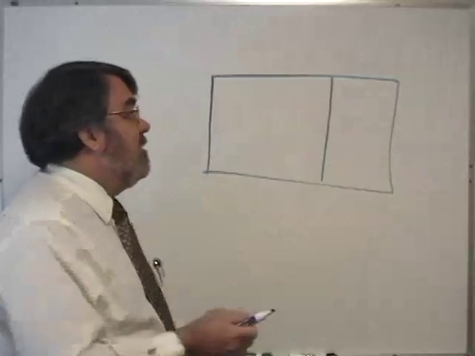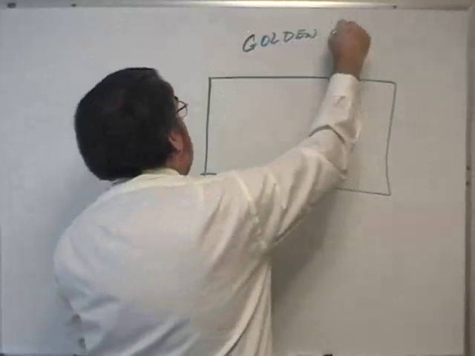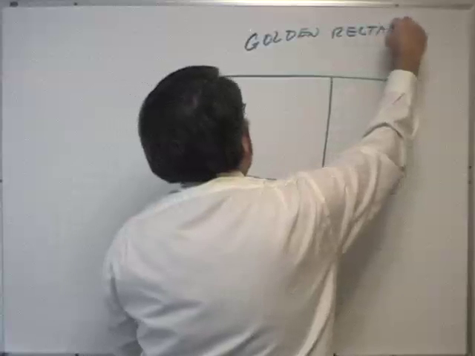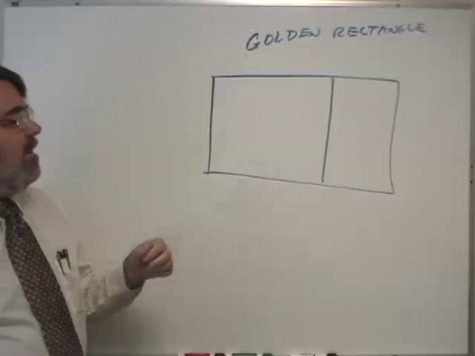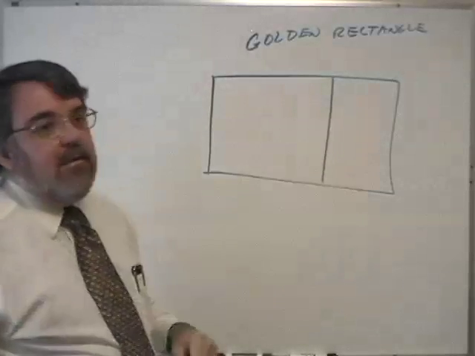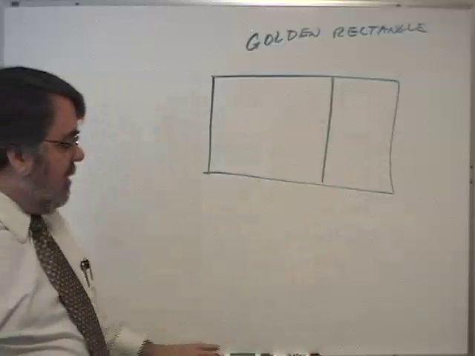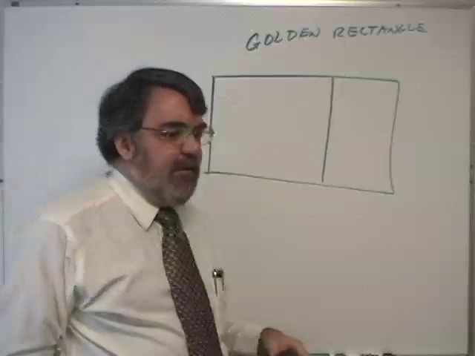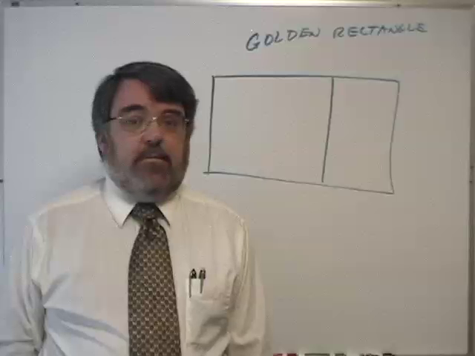I'm not sure where the name came from, but that's what it's called. It's a rectangle such that if you cut off a square, the remaining rectangle has the same proportion as the original. So you see this in a lot of ancient architecture, even up to the Middle Ages.